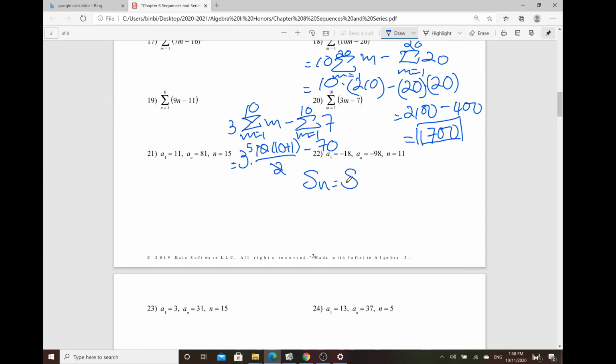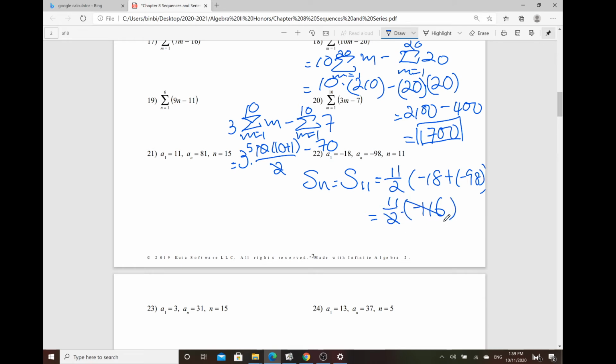We want to find s sub 11, which means the sum of the first term through the 11th term. We start with n over 2, so 11 over 2, times a sub 1, negative 18, plus negative 98. Negative 18 plus negative 98 is negative 116, and then times 11 over 2.